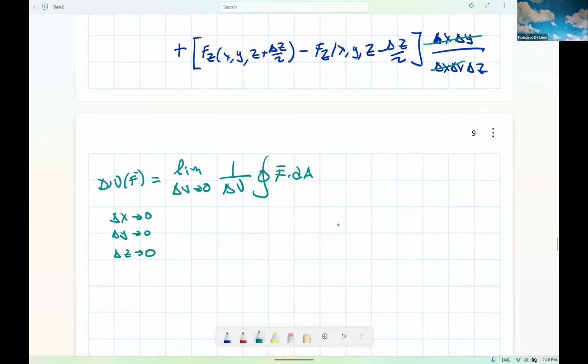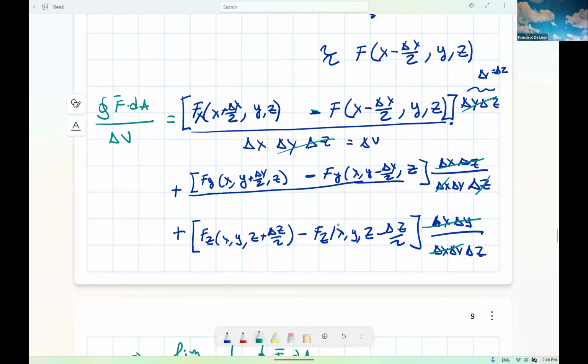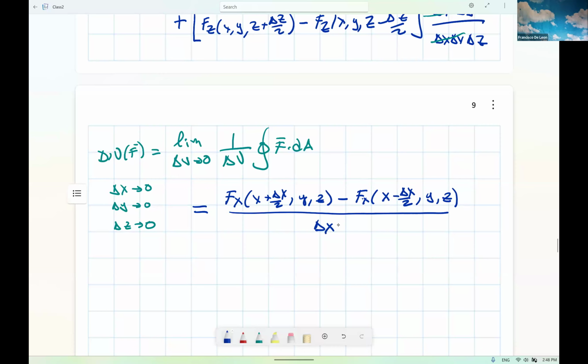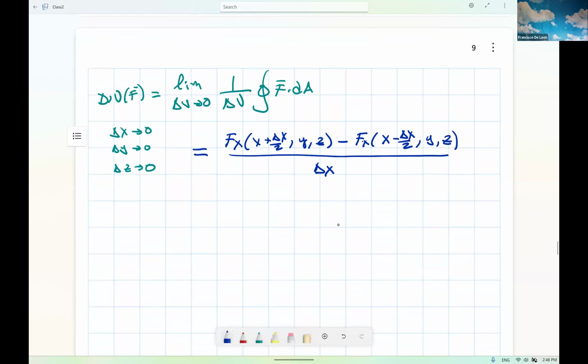So, if you look at this, let's look at the first term. Let me put it in blue. The first term will be f_x of (x plus delta x by 2, y, z) minus f_x of (x minus delta x by 2, y, z), divided by delta x. I still need to take the limit of this, right? This is the integral over here, this part.